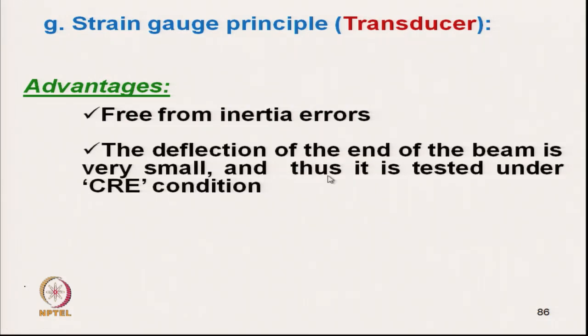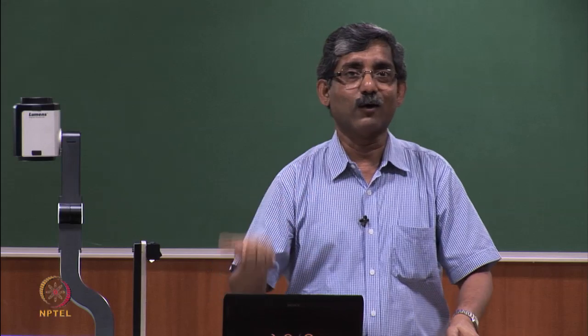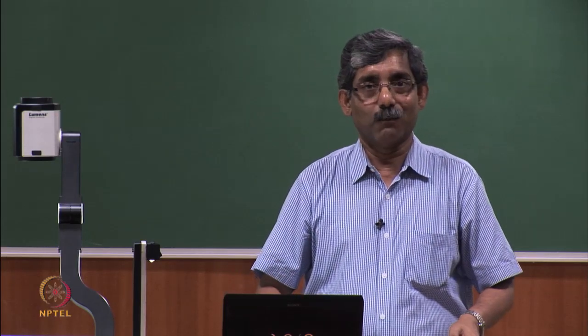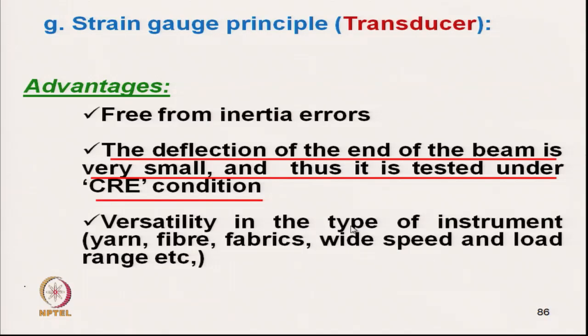The deflection of the end of the beam is very, very small, and we can neglect it. Thus, the tester works under CRE condition. Although there will be deflection, because if there is no deflection the load value cannot be measured, this deflection is negligible. And this principle is versatile.